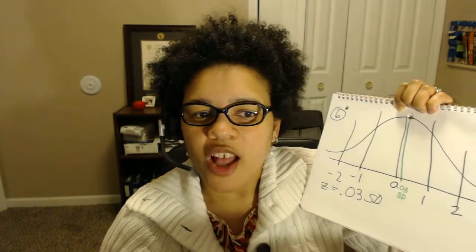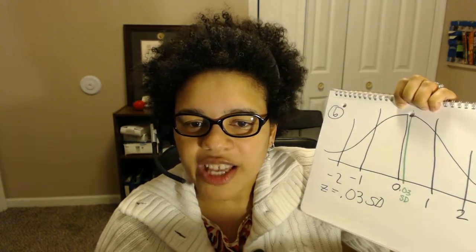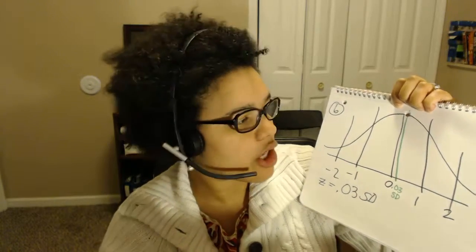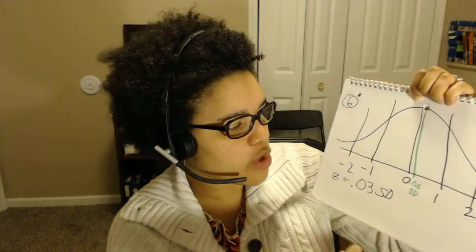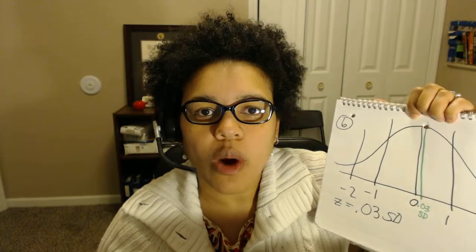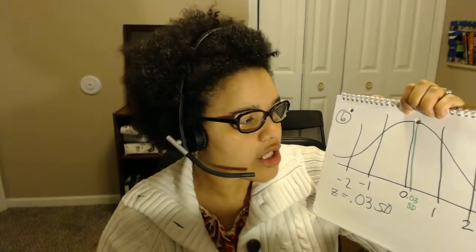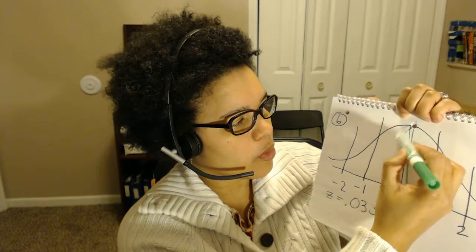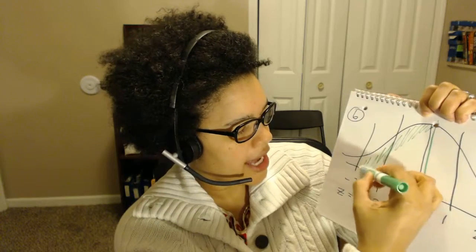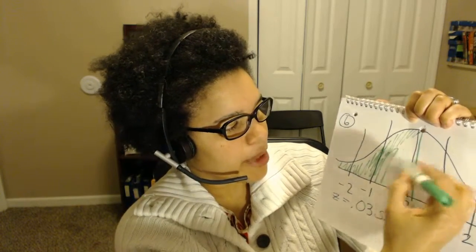Okay, 0.03 standard deviations. I see the larger proportion and the smaller proportion. Usually when we're talking about what percentile it is, we want to know the proportion that the person is above.